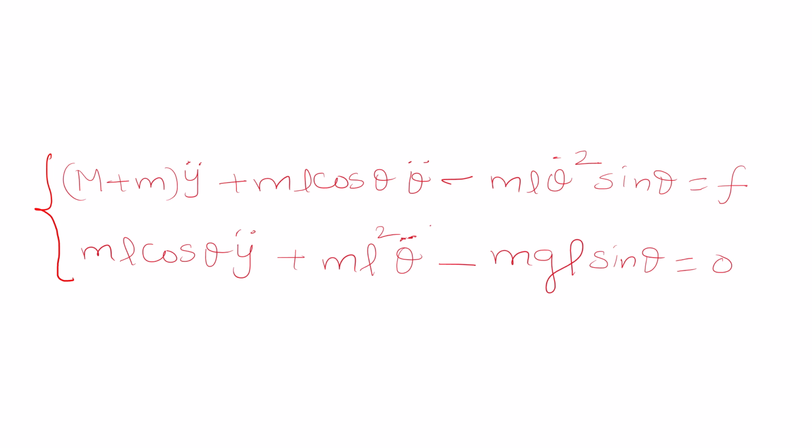(M plus m) y double dot plus ml cos theta theta double dot minus ml theta dot squared sin theta is equal to F, and ml cos theta y double dot plus ml squared theta double dot minus mgl sin theta is equal to 0. So by taking two generalized coordinates y and theta, these two are the dynamical equations governing the system, that is the inverted pendulum on a moving cart.